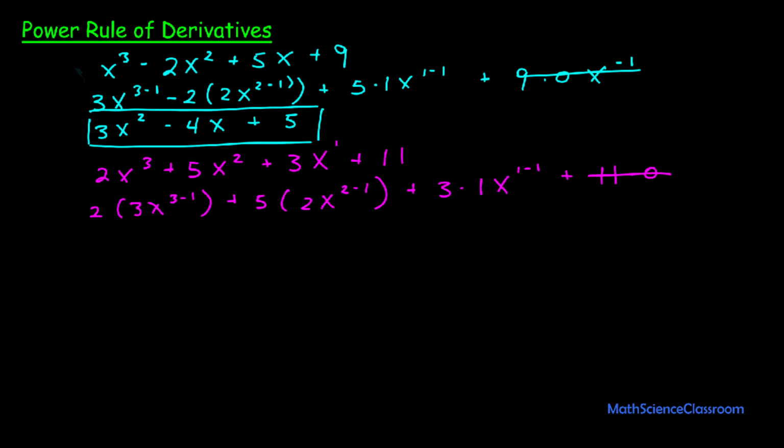So we end up with 6x squared plus 10x to the first power, so it's just 10x plus 3. That's the final answer.